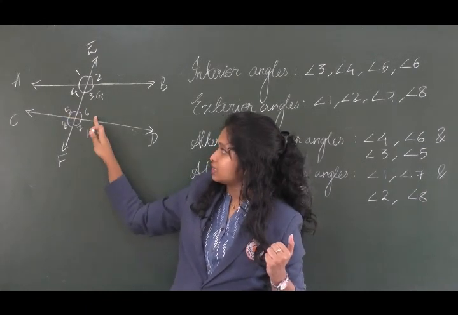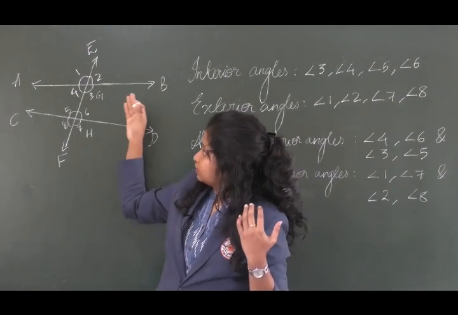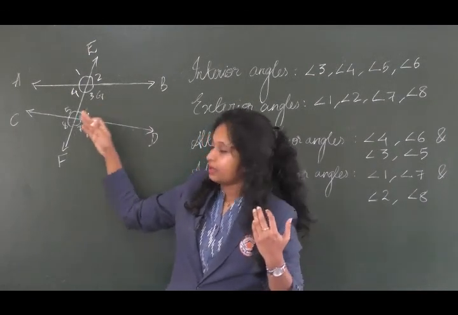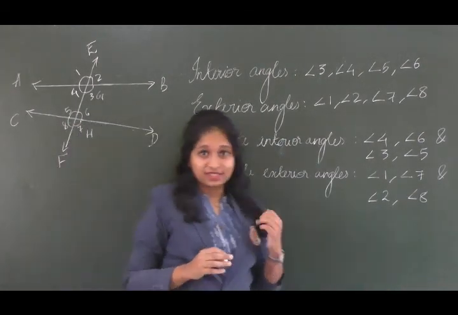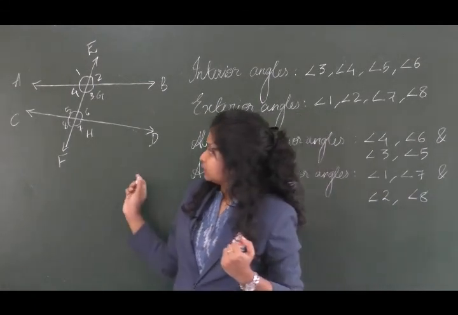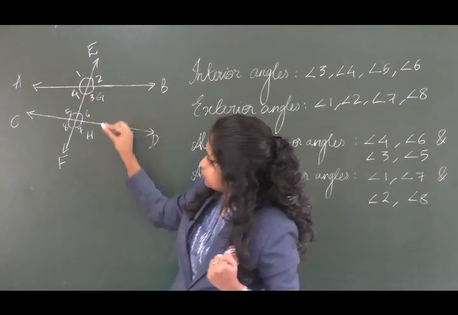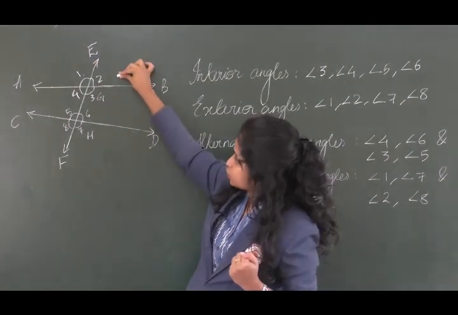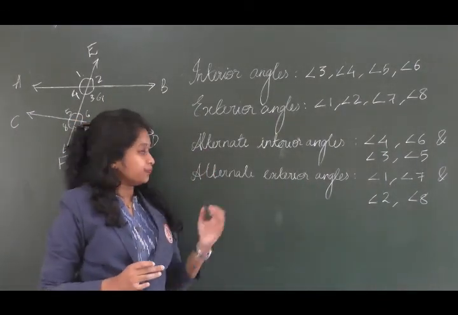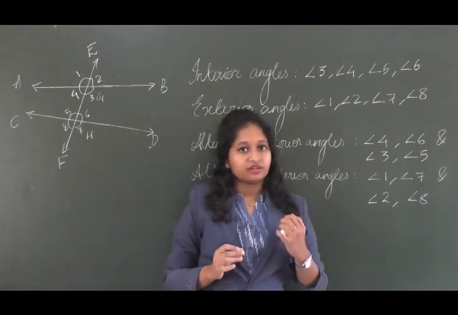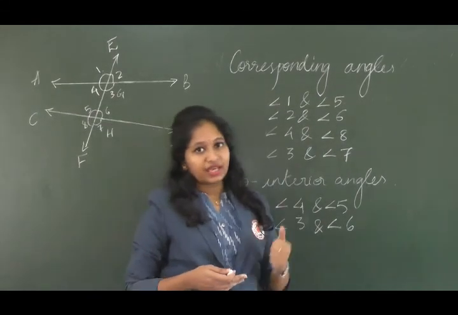Angle 4 and angle 6 are alternate interior angles, and the next pair is angle 3 and angle 5. Now what about alternate exterior angles? Here, if you observe, angle 1 and angle 7, angle 2 and angle 8. These are alternate exterior angles.